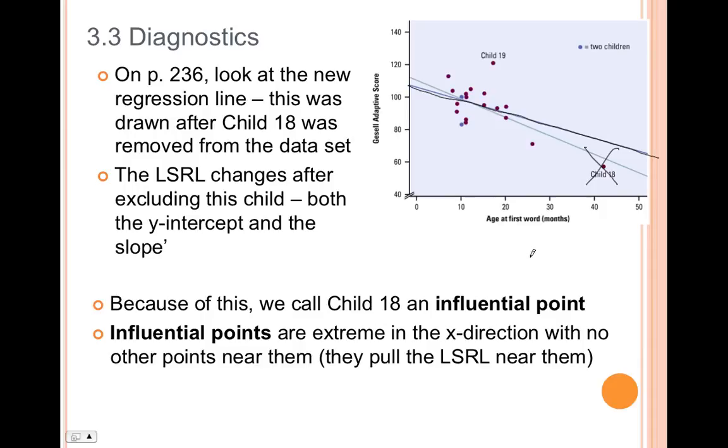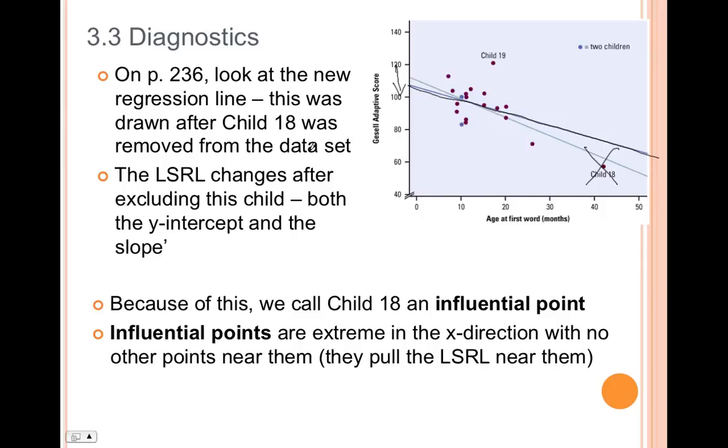Child 18 has an influence on the regression line. Now, I didn't show the new regression line after child 19 was removed because it didn't move it. You can kind of cover up child 19 with your finger or something, and that green regression line, the original line, is still a good fit. But when you cover up child 18, all of a sudden, the line doesn't need to go quite that far. Okay, so removing child 18 is going to decrease the y-intercept, and it's going to make the slope closer to 0, all right?